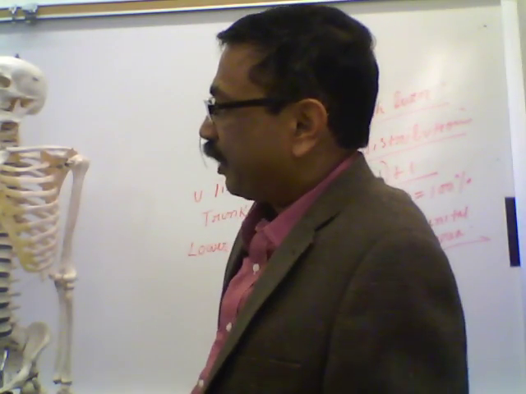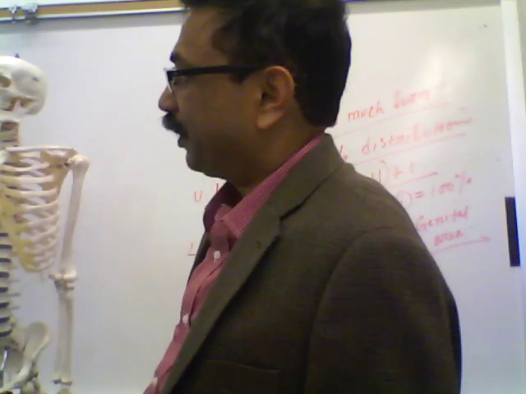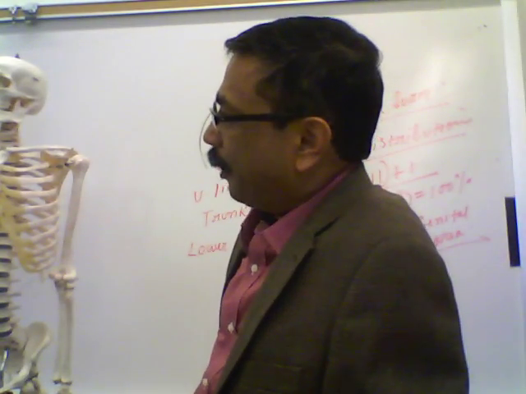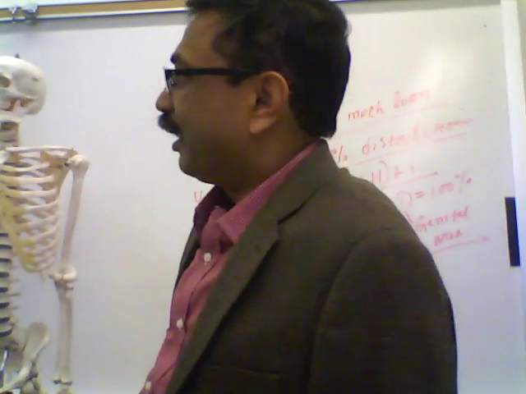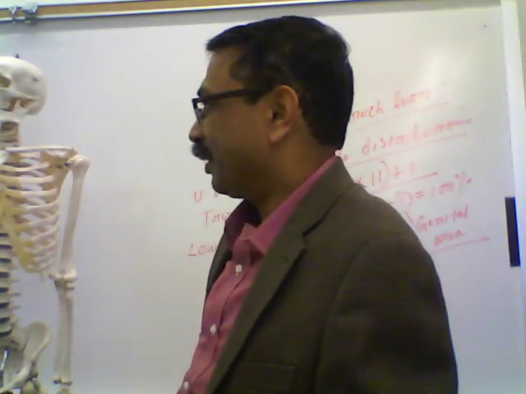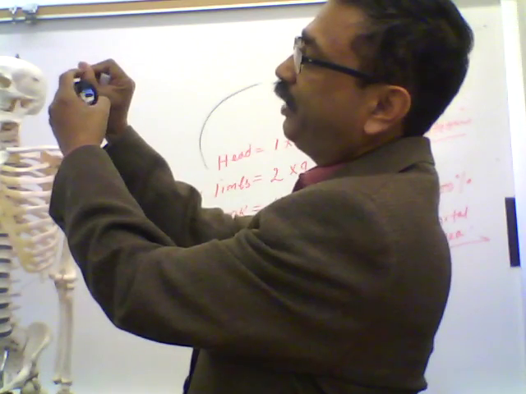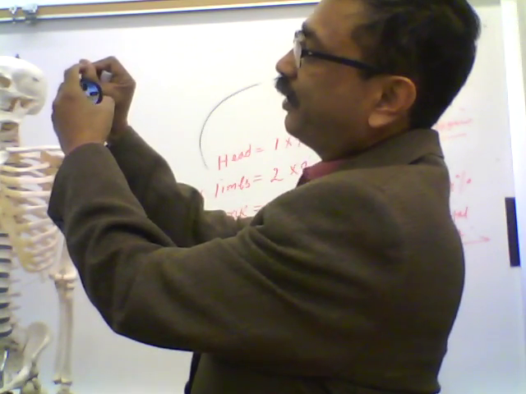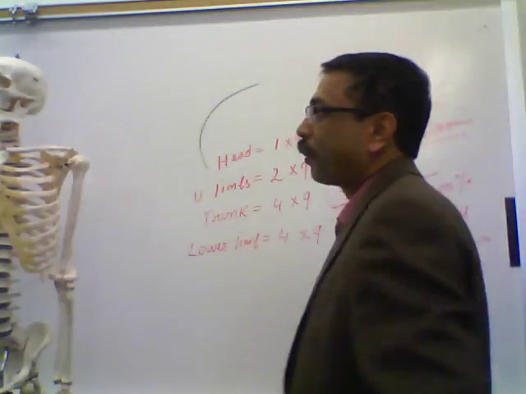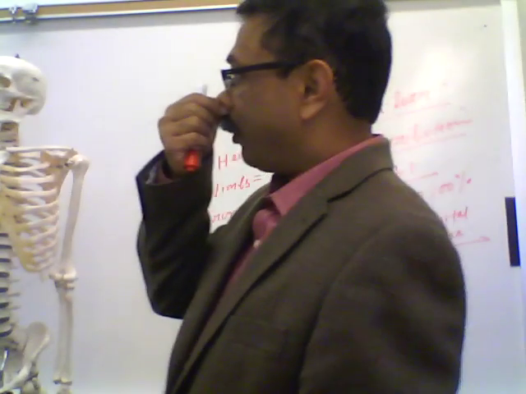Eponychium, hyponychium, nail bed, and lunula, which is the white part. You see in the back of the nail body, you have a tiny white area. That's the lunula.